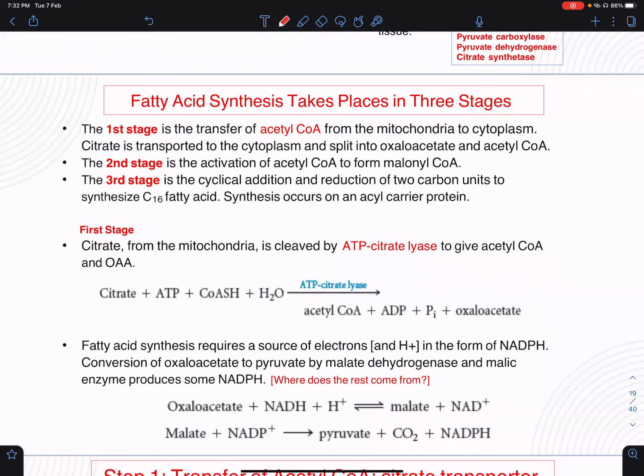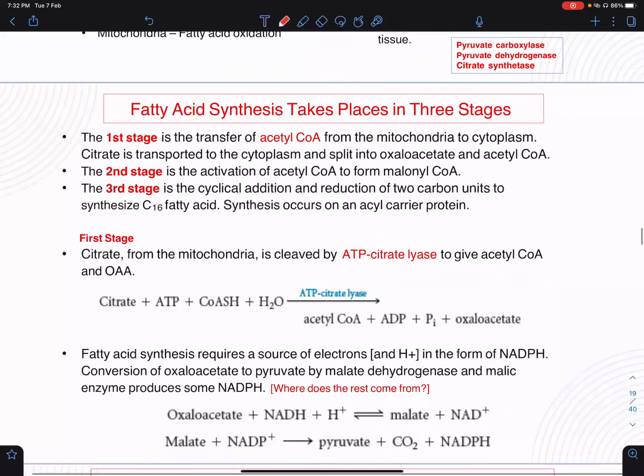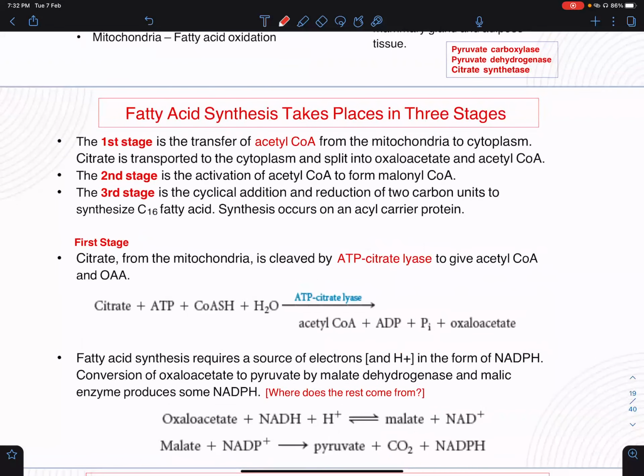Okay, so again, just the first stage is the transfer of acetyl-CoA from the mitochondria to the cytoplasm. This is all repeated information, but just to make sure that everything stuck. So citrate is what's transported into the cytoplasm, where it's split again into oxaloacetate and acetyl-CoA.